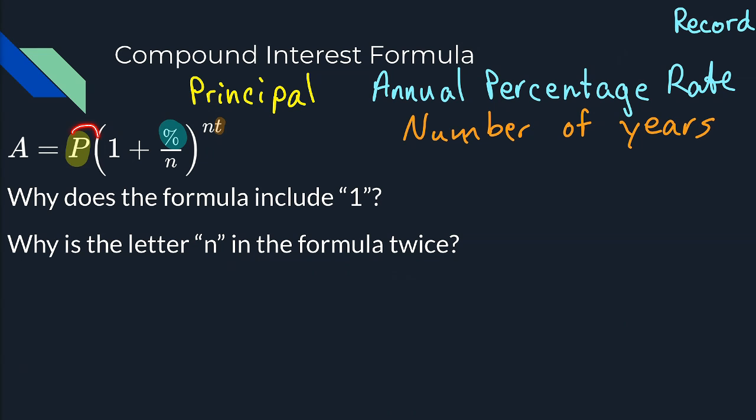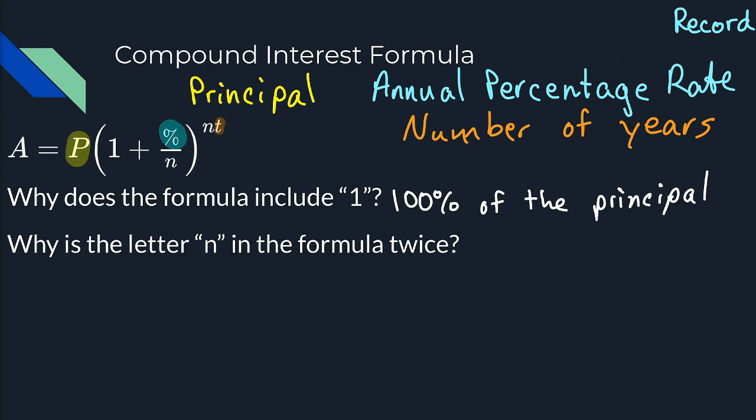We also have to distribute this p. And when we distribute that p, that 1 represents 100% of the principal. So it's saying, listen, we have to multiply the principal by 100%, and this is going to be the percent that we're adding on.